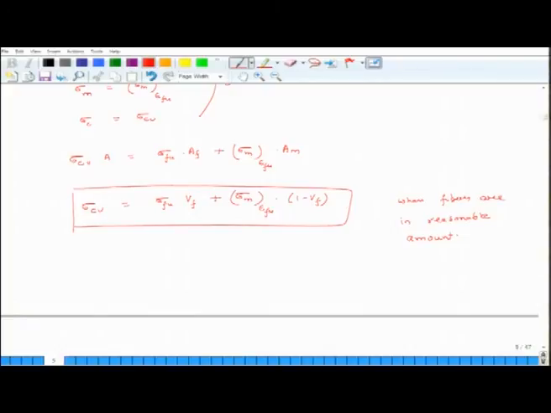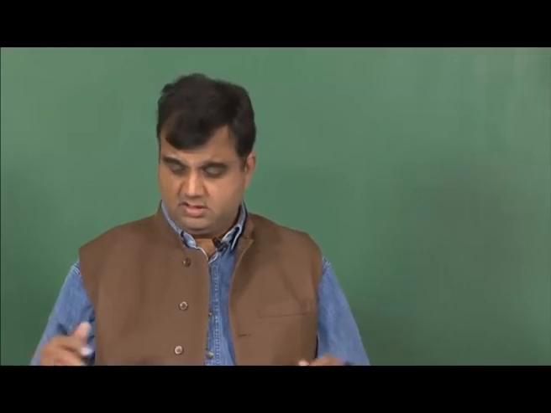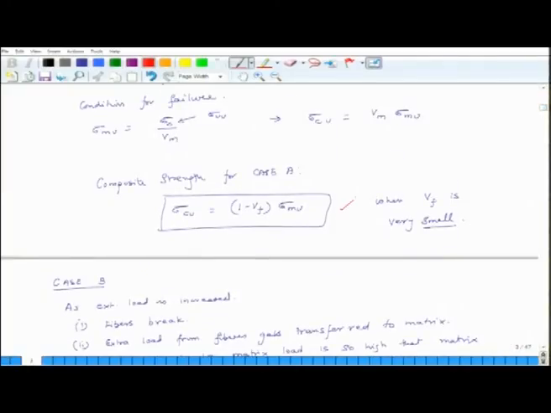So, when fibers are in reasonable amount, this is my strength of the material. When fibers are extremely small, so that when they crack, the stress transferred to matrix is not large enough to cause it to break, then the strength of the composite is given by this relation.